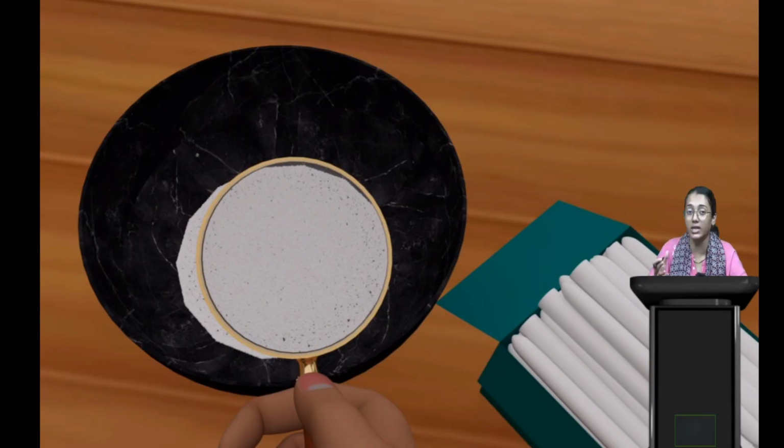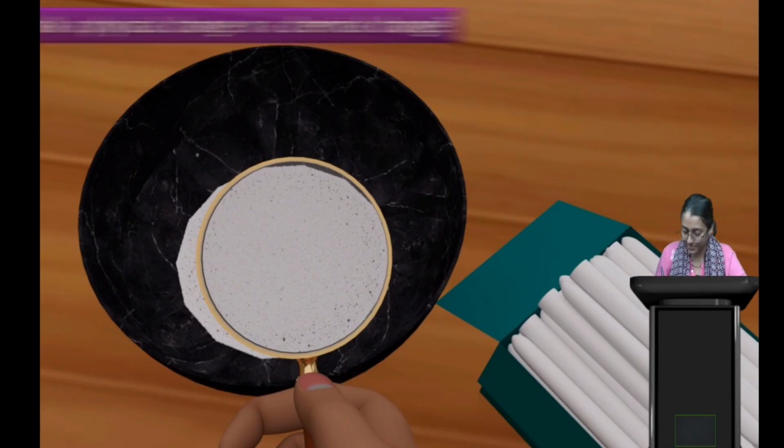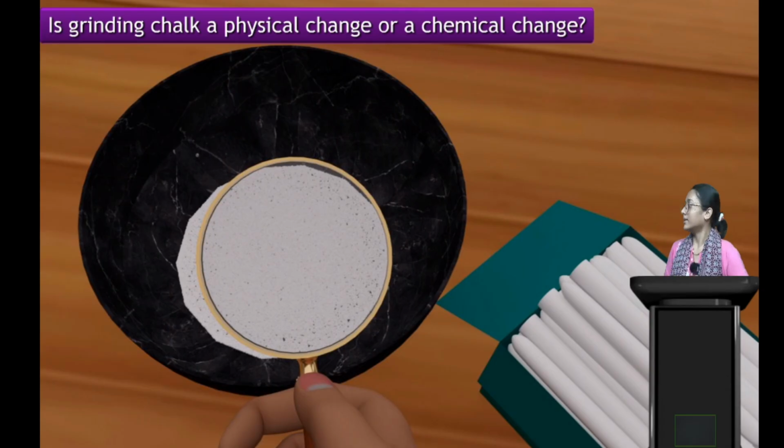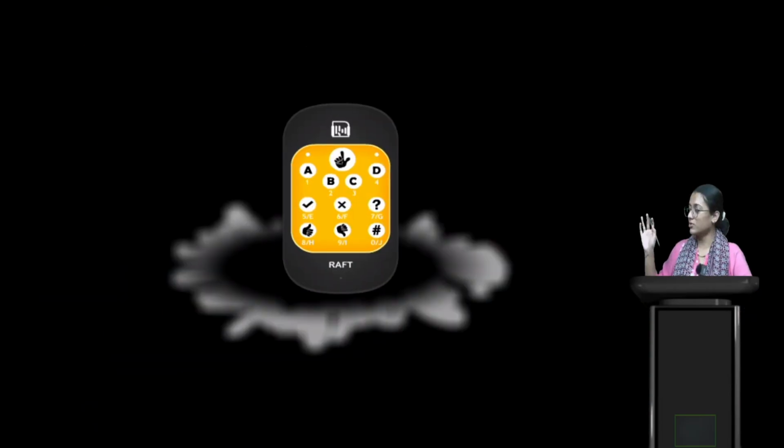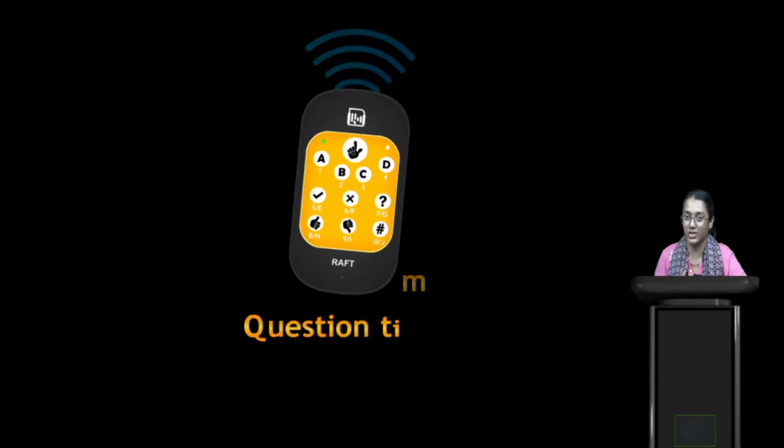So this kind of change is also known as a physical change, as no new objects are forming. So the question I was asking again: is grinding chalk a physical or a chemical change? Now tell me the answer. Very good, physical change.